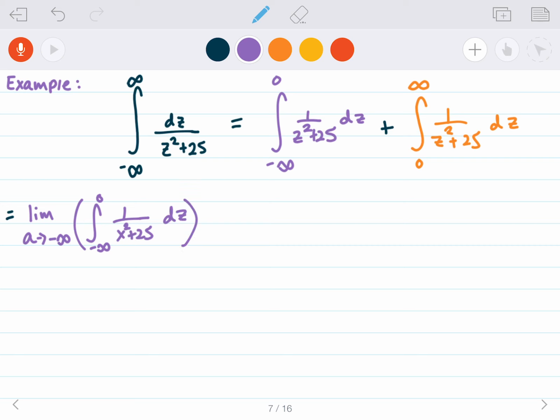All right, plus same thing. Now I'm replacing my upper bound. So I'm going from b, b is approaching infinity of the same thing.